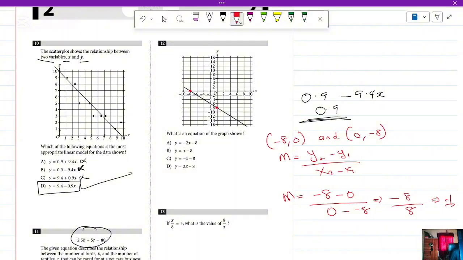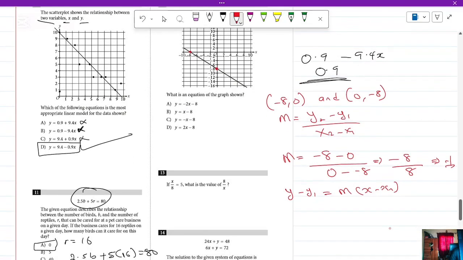That will give you minus 1. So if that is minus 1, then you can use y minus y1 equal to m in bracket of x minus x1. So y minus your y1, you can use this point, is 0, m is minus 1, x minus your x1 is minus 8.